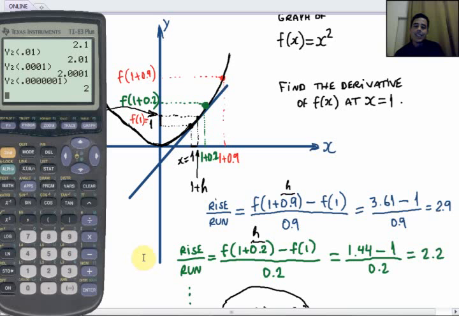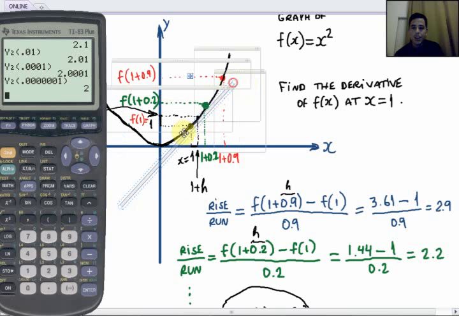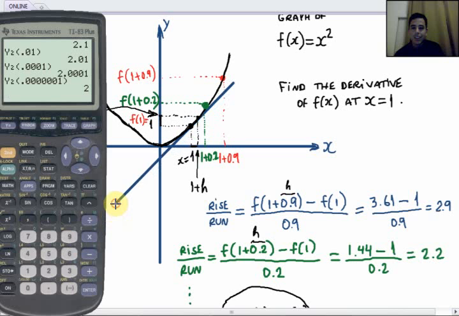That's the secant line at x equals 1, or the tangent line. We don't call it secant anymore. There we go. So we brought this point all the way down here. It gets closer and closer to the first point. That's the idea graphically.